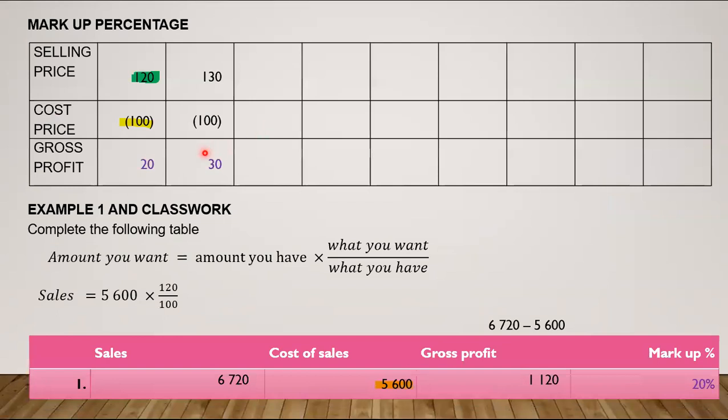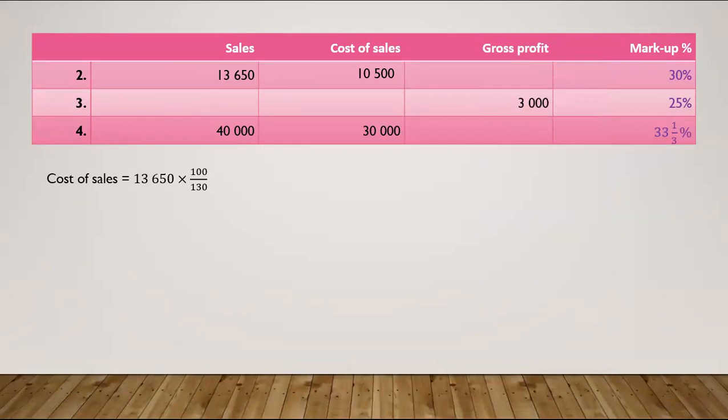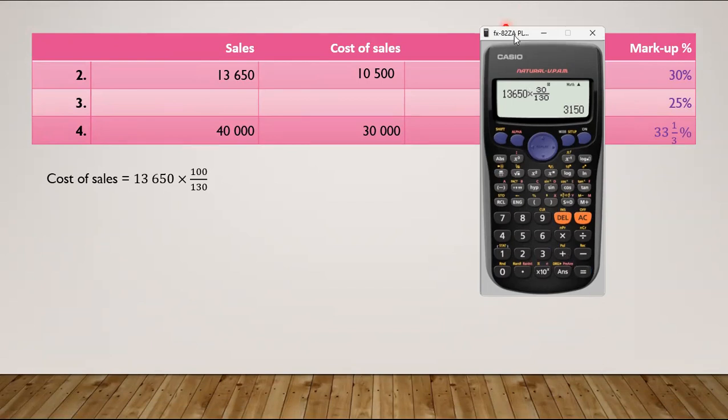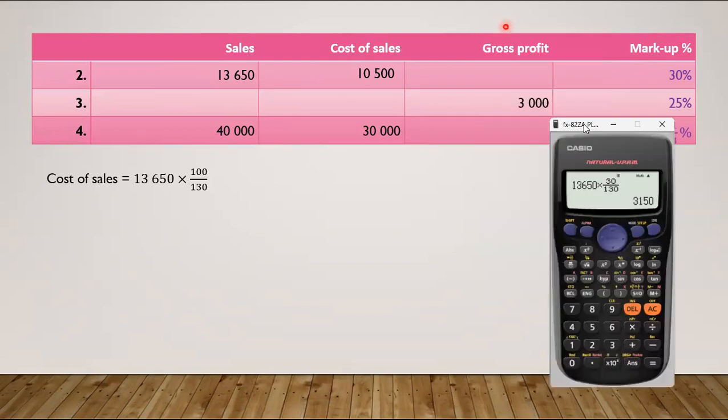My gross profit percentage is this 30, so I'm going to multiply by that 30. And divide by the percentage of the sales value I was given, which is 130. It should give me gross profit of 3,150.